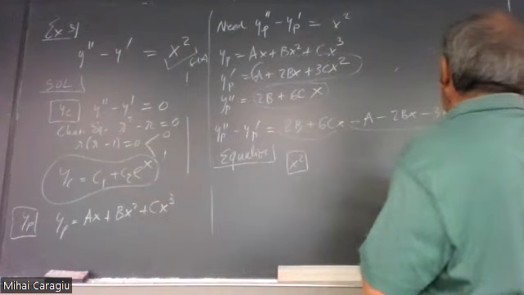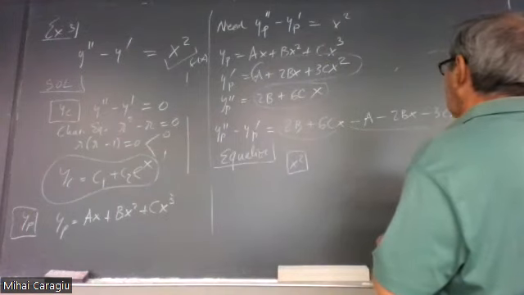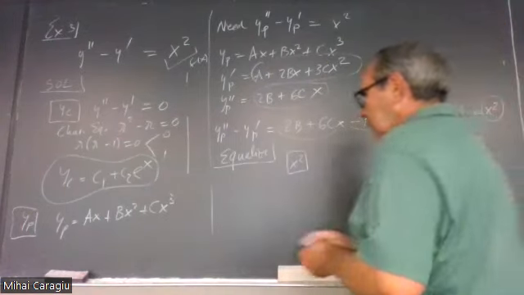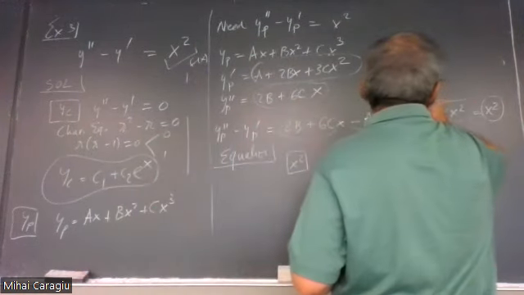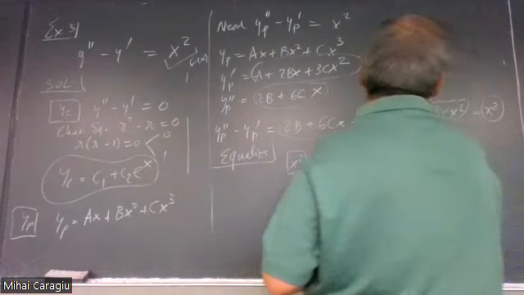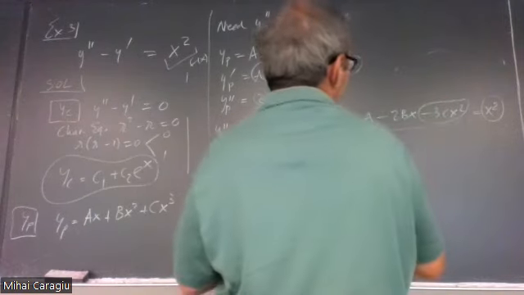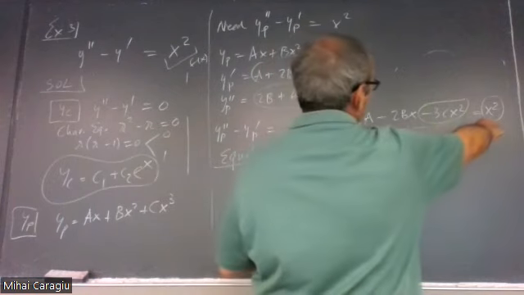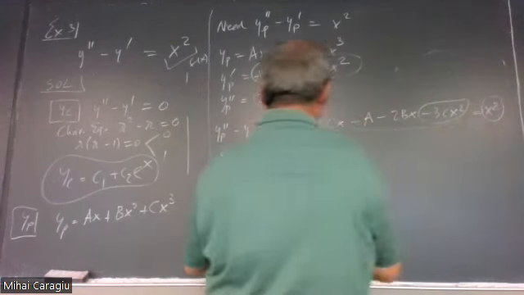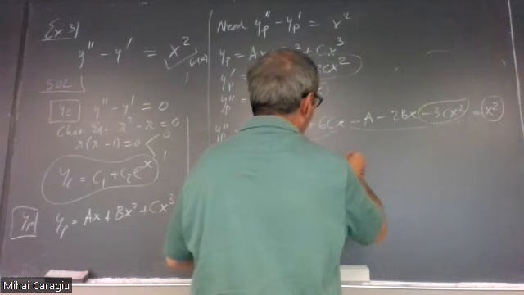To the left, how many ways to get x squared? We get minus 3c. So minus 3c is the coefficient of x squared to the left. There is no other x squared to the left. Equals 1. So minus 3c equals 1.